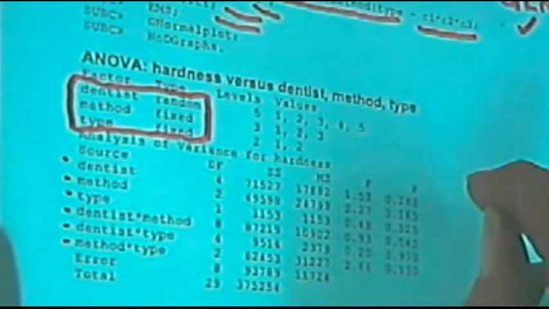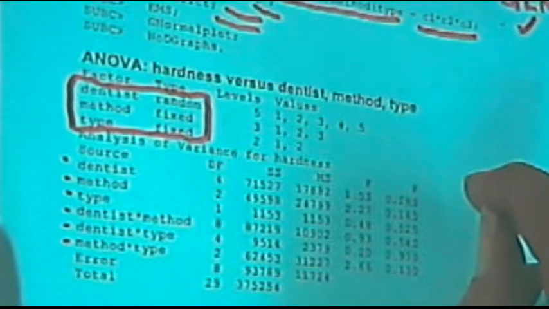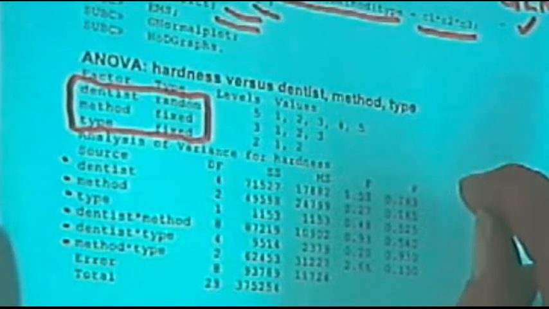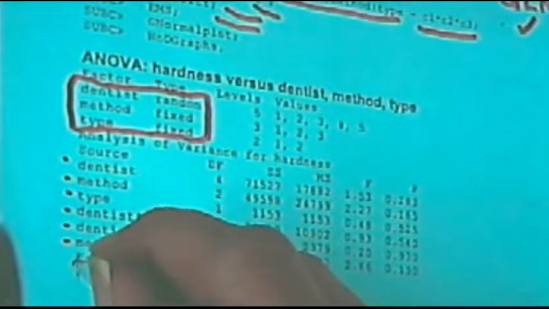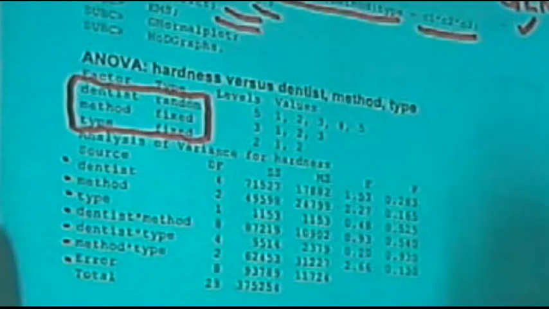It's got the 2-way interactions, dentist by method, dentist by type, method by type. There's no 3-way interaction in this table because I took it out, right? So everything else is just lumped together into what the program is going to call error.